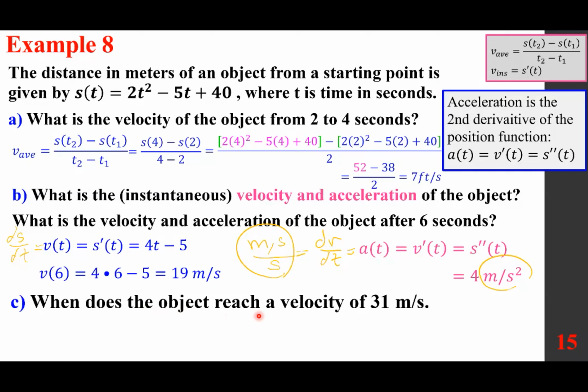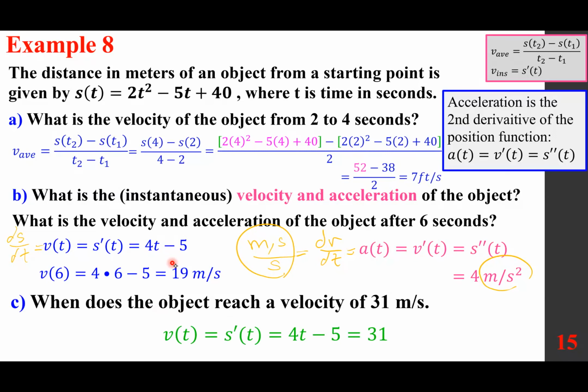When does the object reach a velocity of 31 meters per second? Well, you set this one equal to 31 and solve.